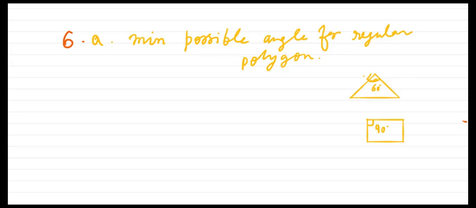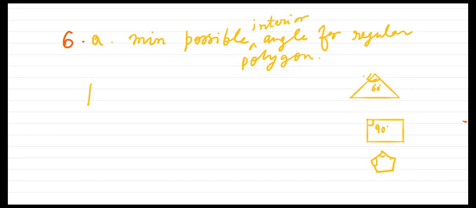If you go to a pentagon, you will see that as we increase the number of sides, the interior angle also increases. So here you have to find the minimum possible interior angle.